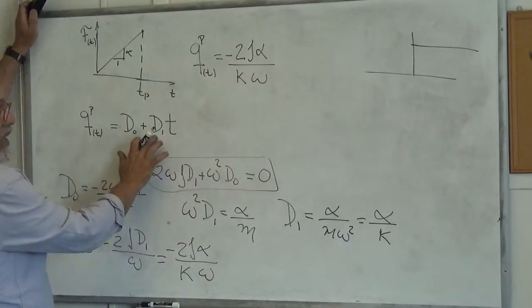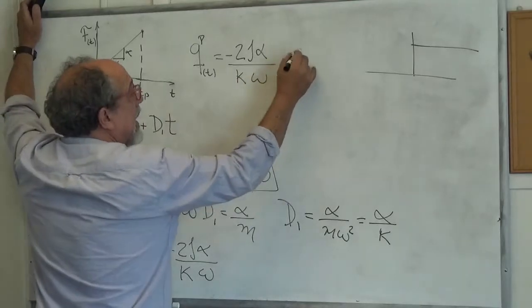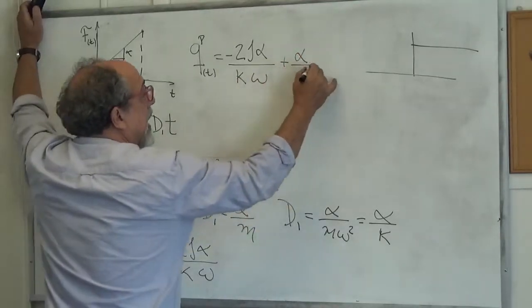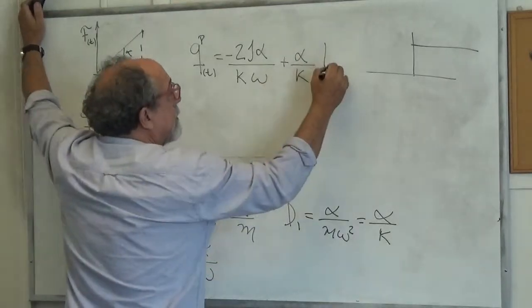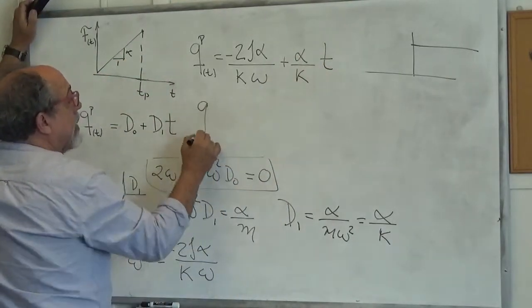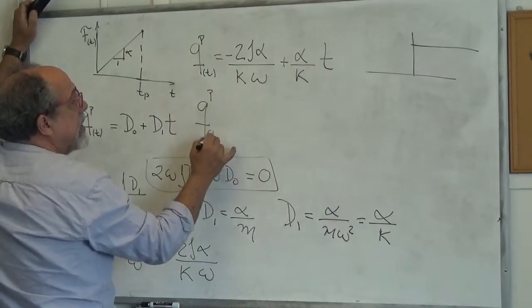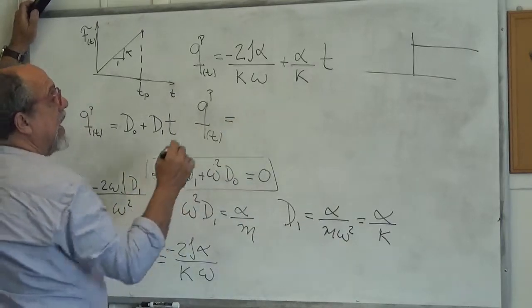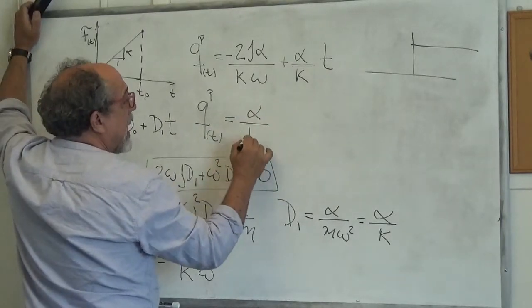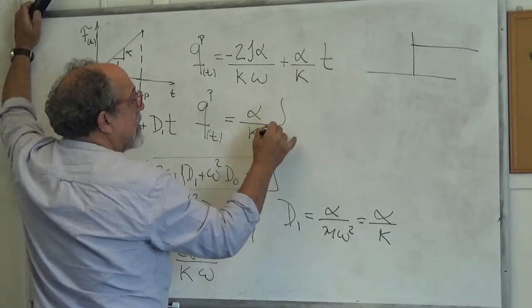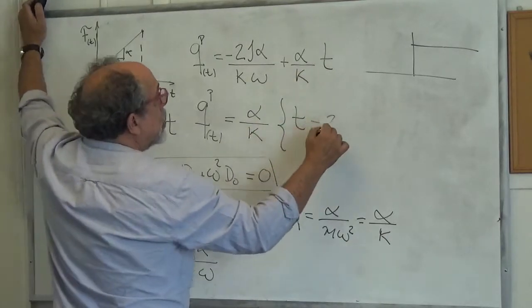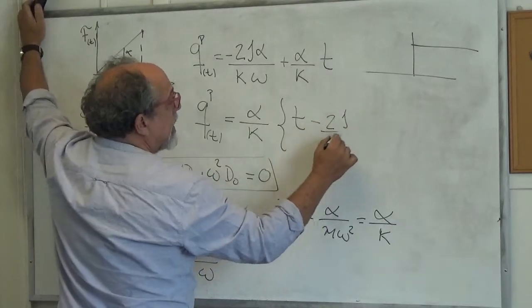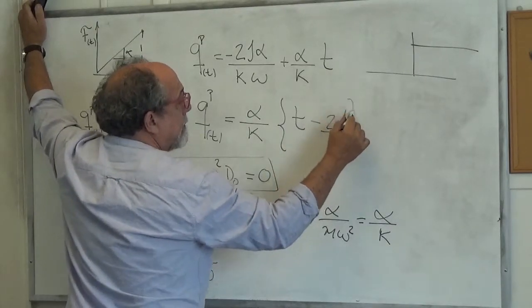That's d0, and then d1 we have alpha over k and then times t, right? Or perhaps we can write that a little bit nicer by taking the alpha over k common factor of t minus 2 times the damping divided by omega, right?